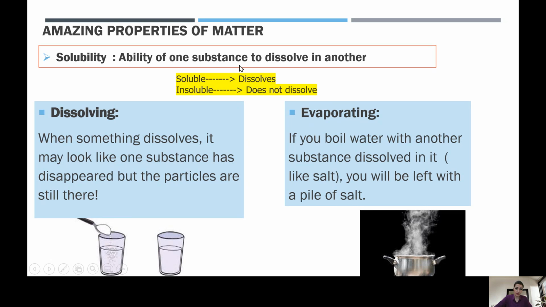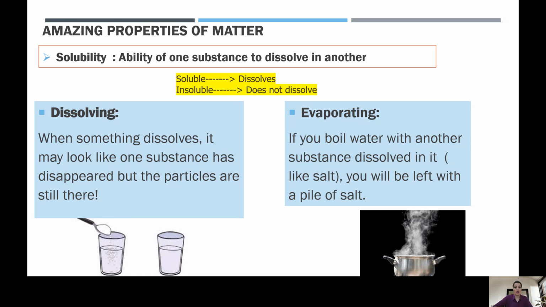Okay, so as a recap, solubility is the ability of one substance to dissolve in another. For example, sugar has this property, sand will not have this property because it's insoluble in water. Please remember the word soluble means it dissolves, insoluble means it does not dissolve.